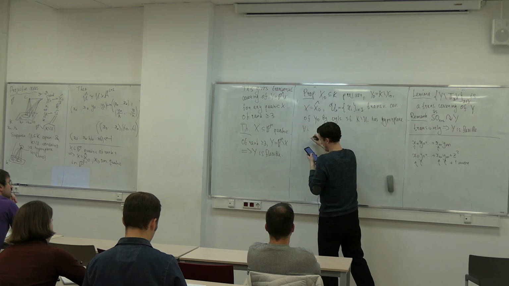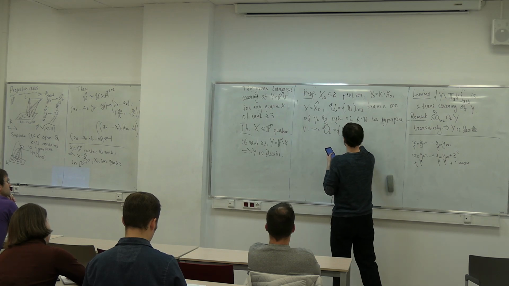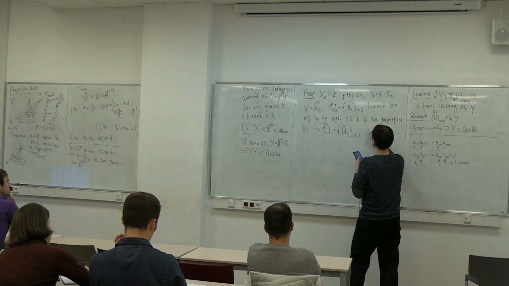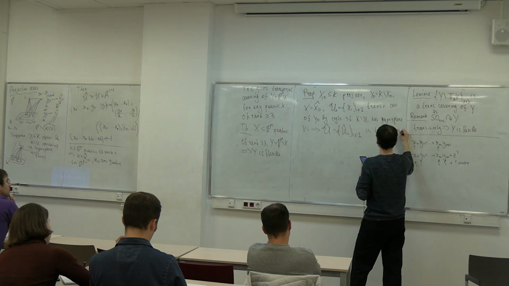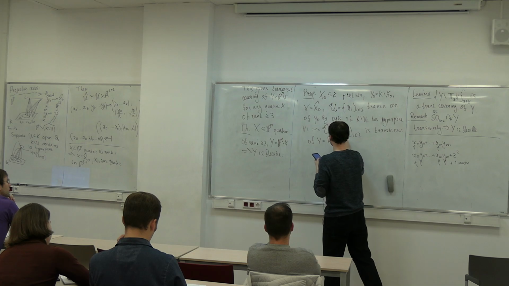Then this new family, U calligraphic hat of all those Ui hats, is a transversal covering of Y, which is Pn without X.